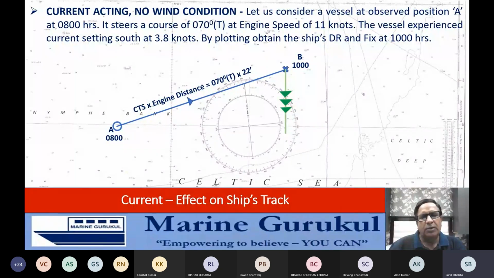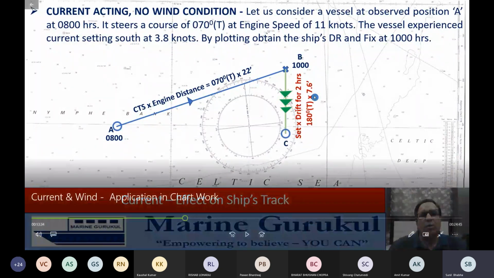The green vector represented by 3 arrows is the current vector, and this is the standard 3 arrow notation that is used in chart work. If the vessel drifts for 2 hours, then she would have drifted through a distance of 3.8 into 2 equal to 7.6 miles, and she would reach point C.